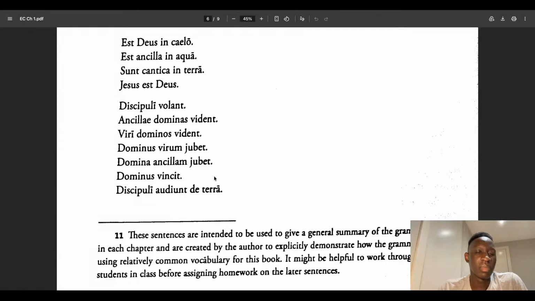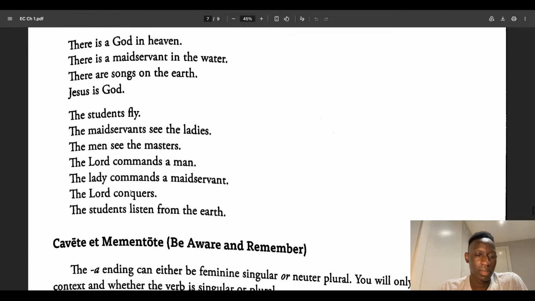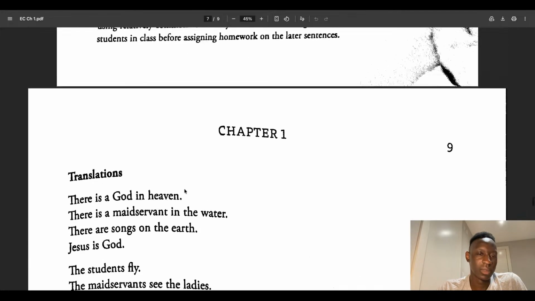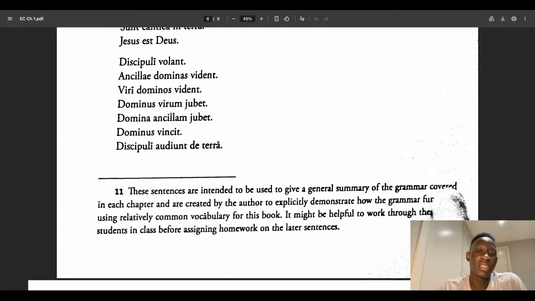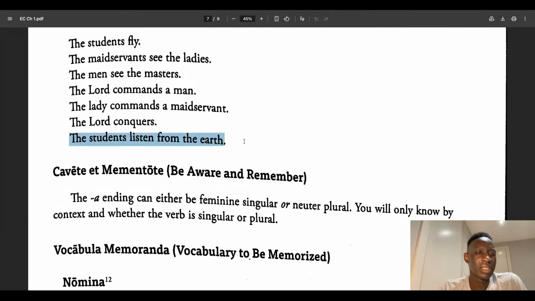So this is the master something. I've not met this word. Or the Lord conquers. Okay. Discipuli audiunt terram. The students hear the earth, listen from the earth.